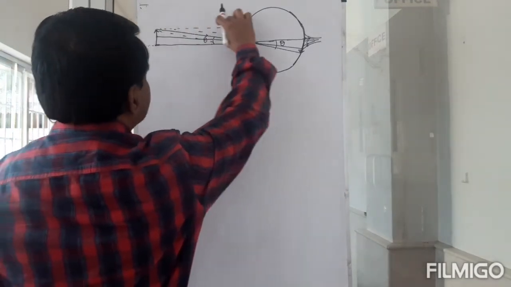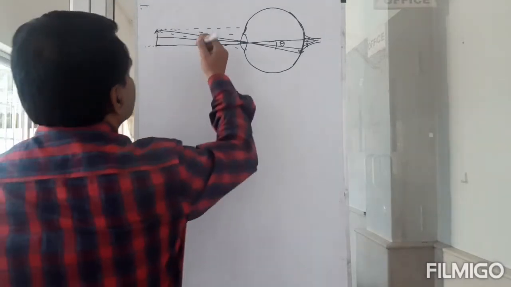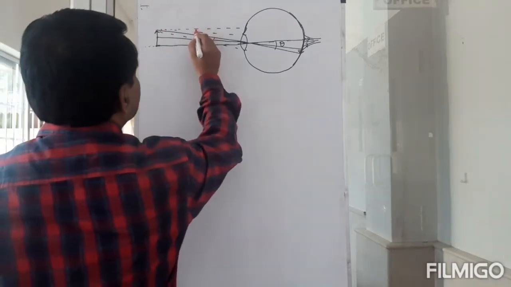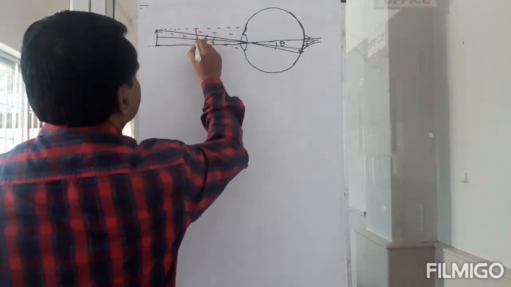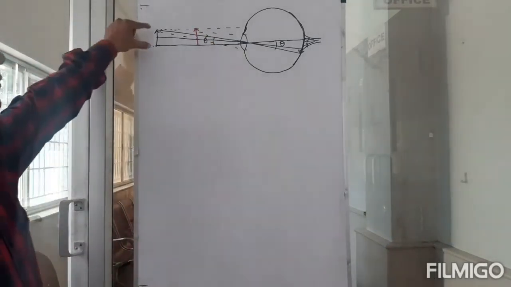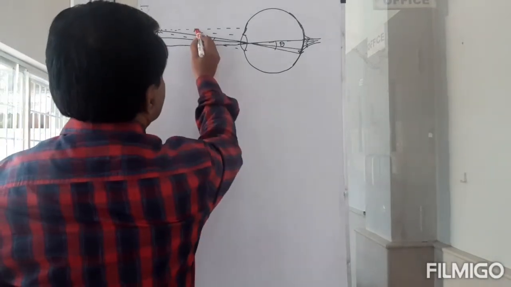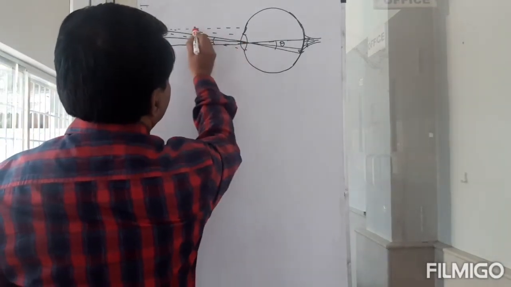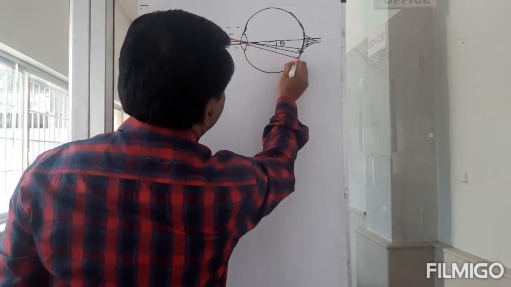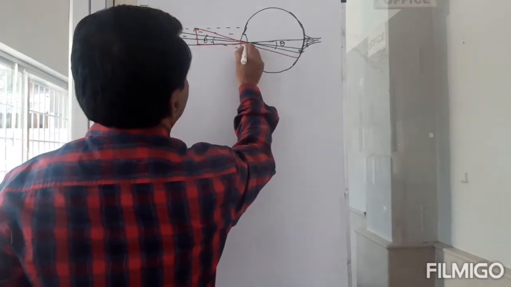The height doesn't change. But what I've done now is bring the same object here. I move there. Now you see the angle changes. And this will go like this. There's no doubt.